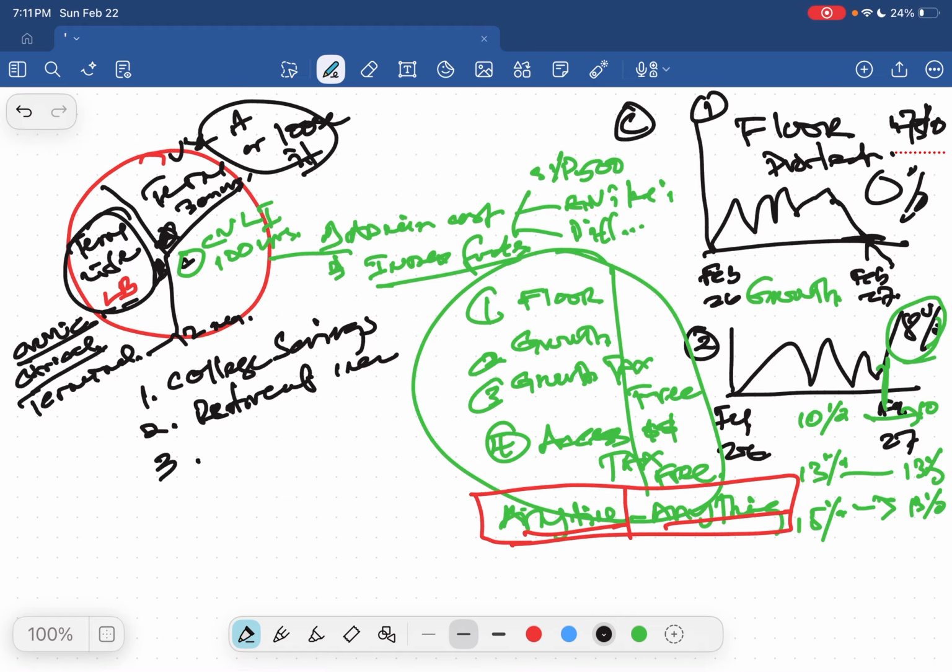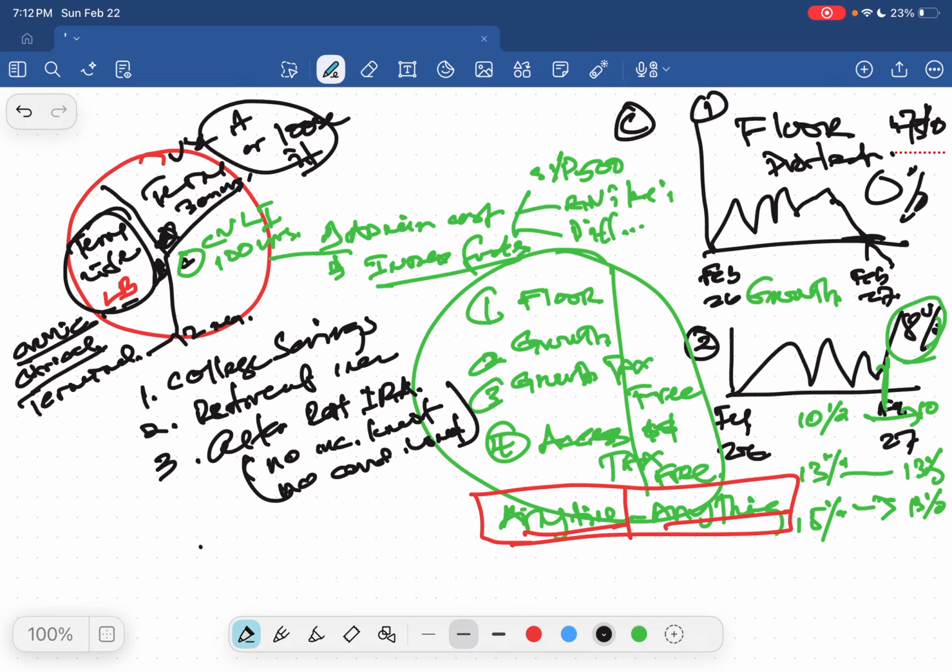You can use it as an alternative to a Roth IRA. Why is that? Well, some high earners love it because it's got no income limits and no contribution limits.